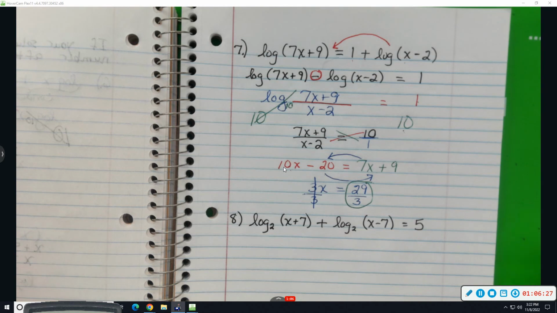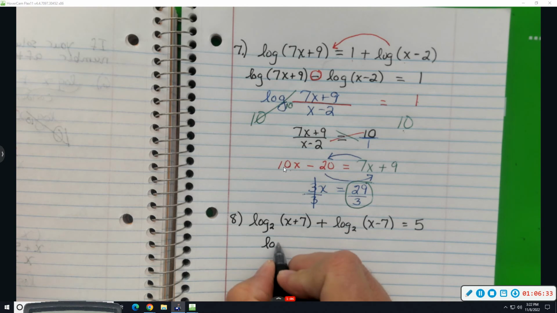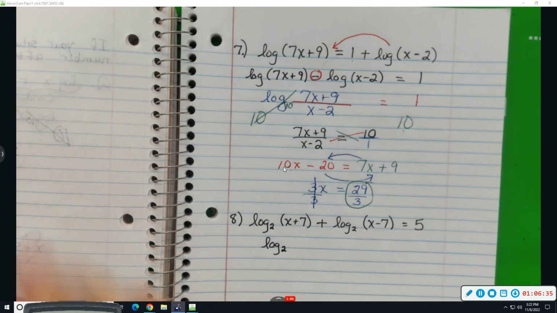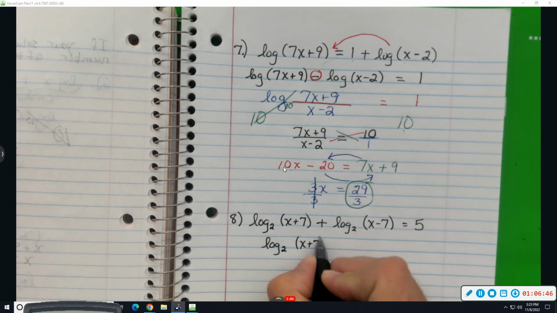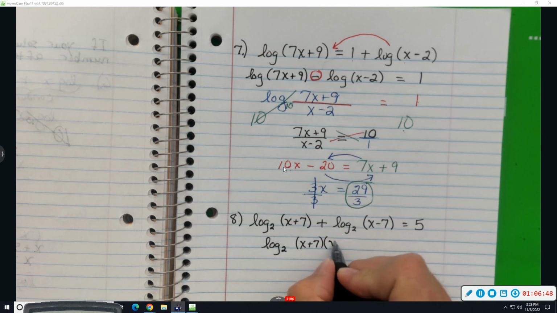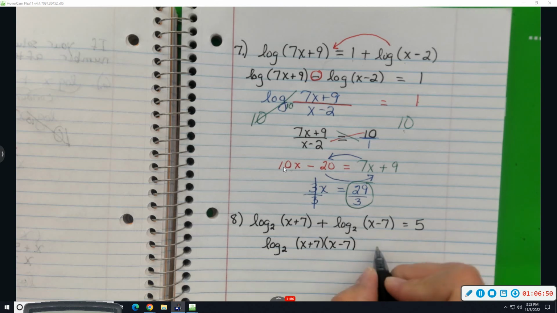Will there be a fraction bar? No. If this plus right here had been a minus, then there'd be a fraction bar. But it's just log base 2 of x plus 7 times x minus 7 equals 5.